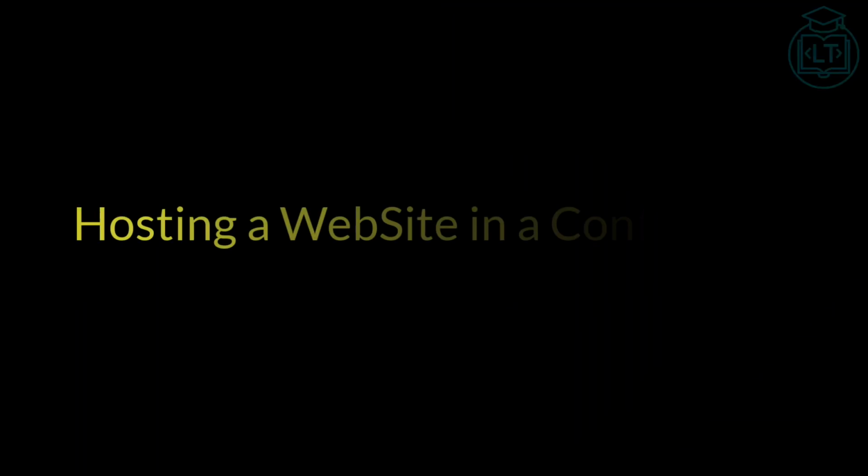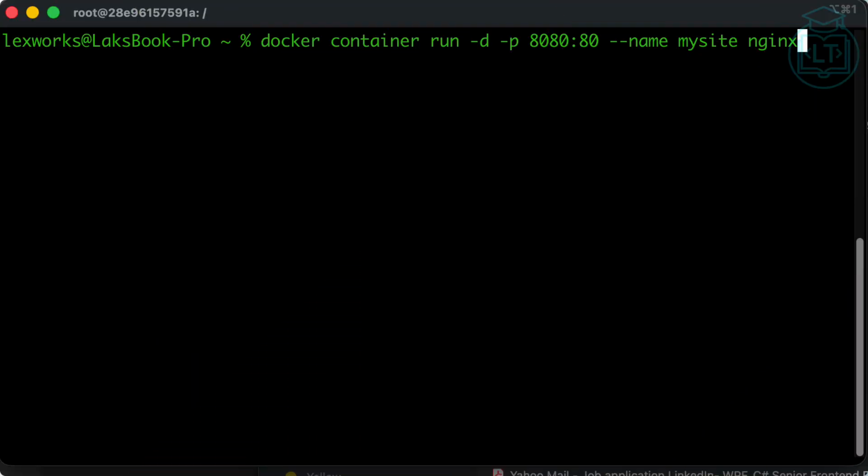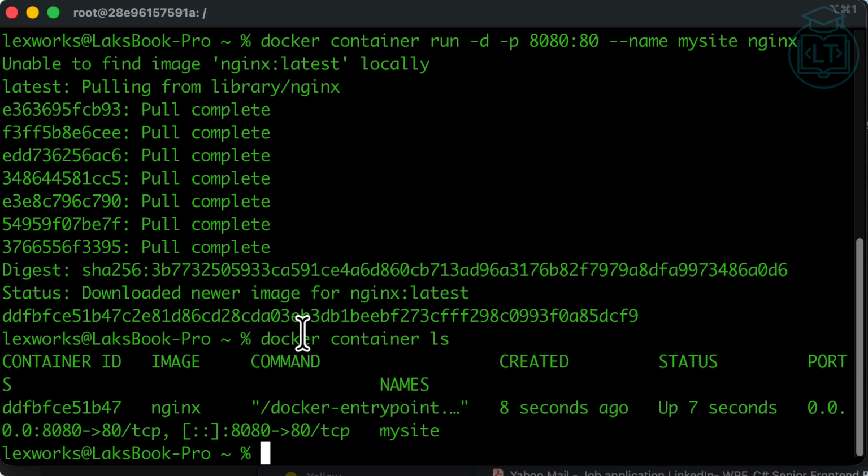Let's host a website using Docker. Here is the command. The -d flag means run in detached mode, in the background. The -p flag maps port 8080 on my computer to port 80 inside the container.